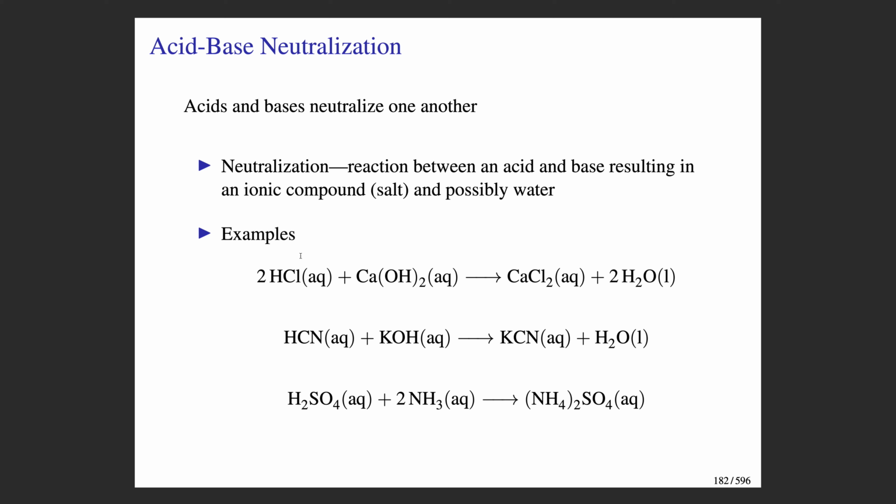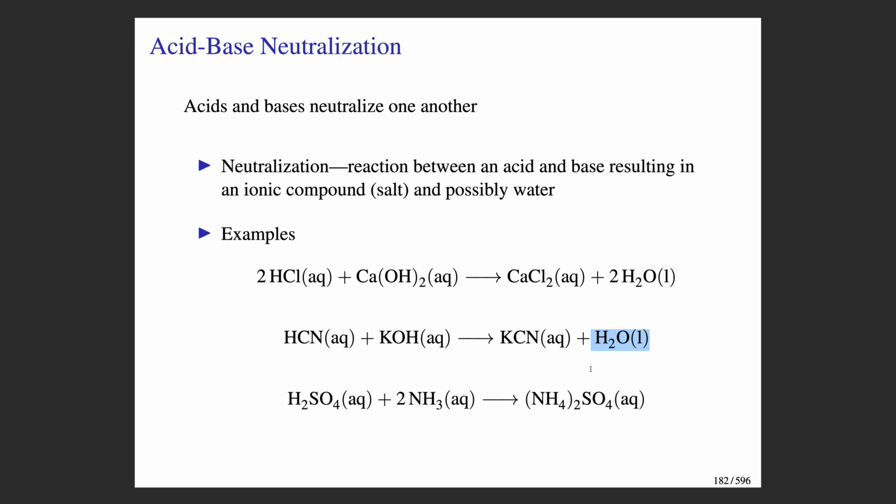We have a strong acid, hydrochloric acid, and a strong base, calcium hydroxide. They react together to neutralize one another. Water is being produced, and then the calcium chloride is called the salt of hydrochloric acid and calcium hydroxide. Here we have a weak acid, hydrocyanic acid, reacting with potassium hydroxide.